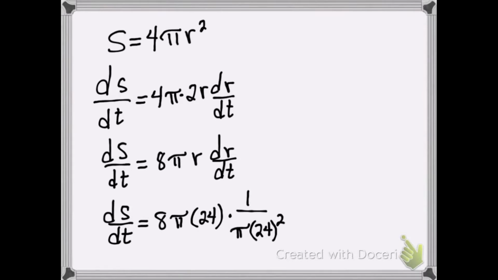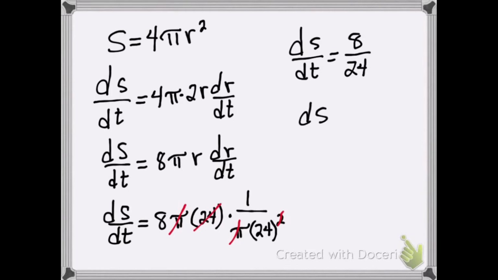We can see that the pi's are going to cancel, and one of the 24s is going to cancel. So consequently, we end up with dS/dt equal to 8 over 24, and that reduces to dS/dt is equal to 1/3.